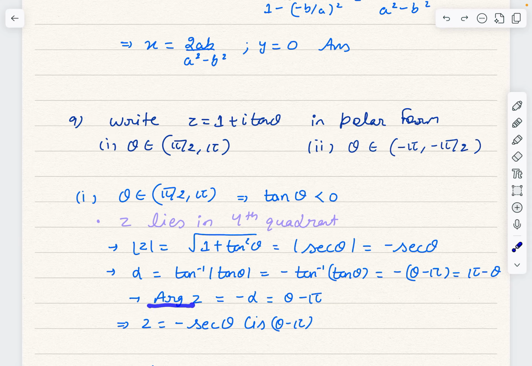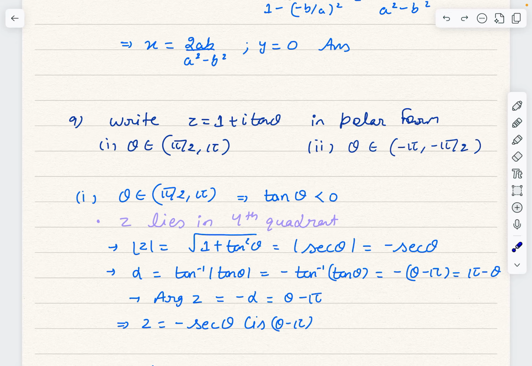And the argument of z will be minus alpha because it lies in the fourth quadrant. So it will become theta minus pi. So mod is minus secant theta, argument is theta minus pi, so the complex number will be minus secant theta cis of theta minus pi. I hope it is clear, guys. Take a look again otherwise, and then try the second part yourself.